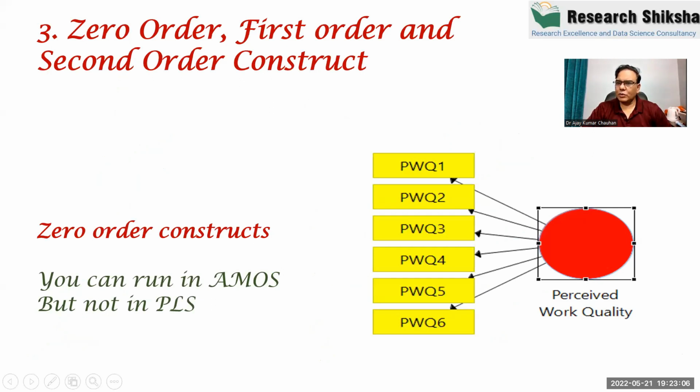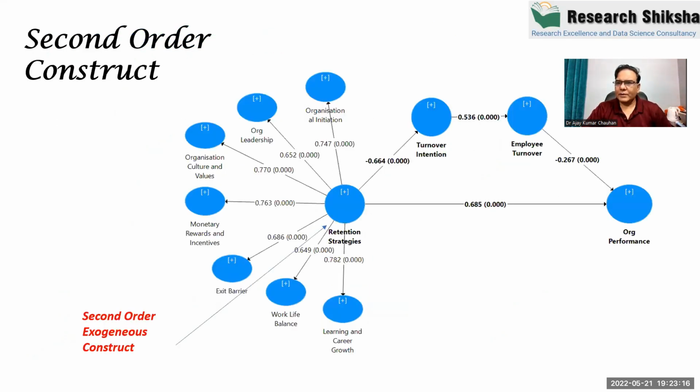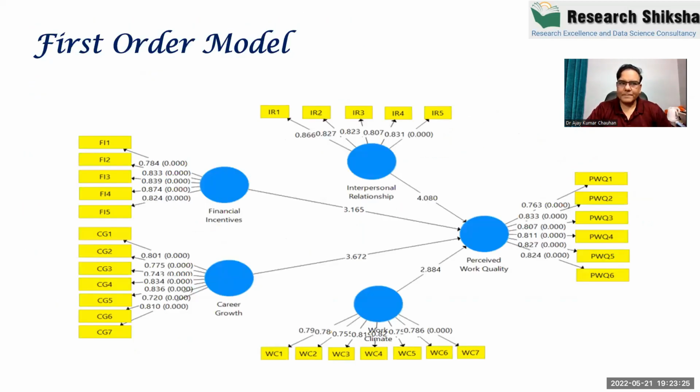What is a zero order? A simple construct with items. Two or more than 2 constructs in a model is called a first order model. Then if we have a construct represented by other constructs, it is called a second order construct. So I hope now you have clarity between zero order, first order, and second order.